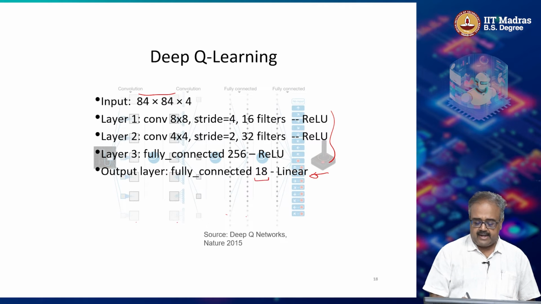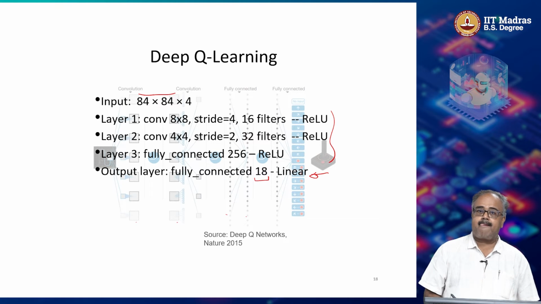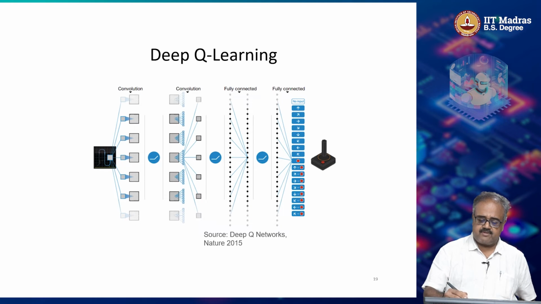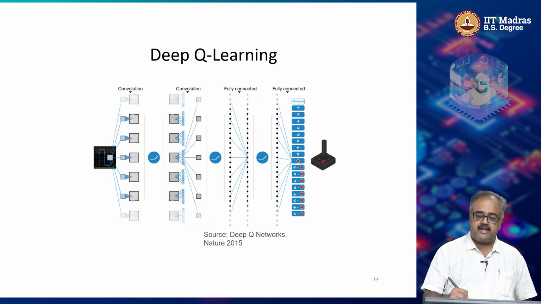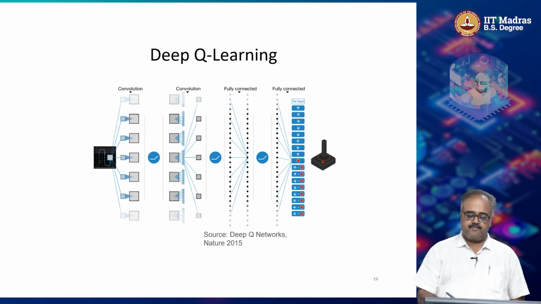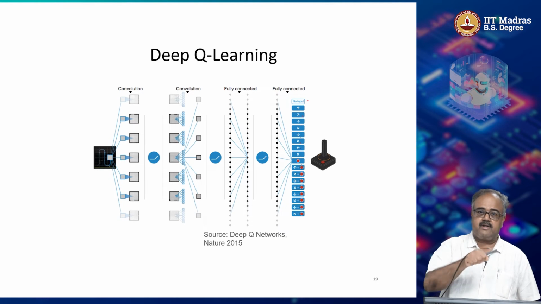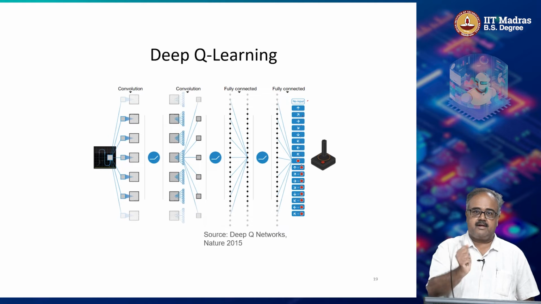So why 18? Because Atari games have 18 possible actions you can take. There is one for doing nothing and one action for each of the 8 directions you can go: up, down, left, right, diagonally up, diagonally down.